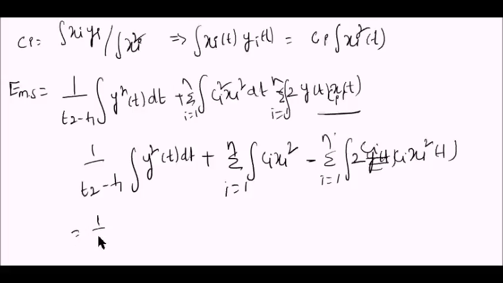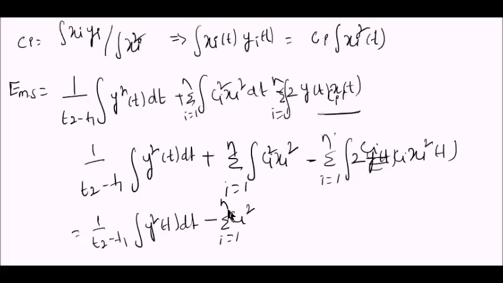This will equal 1 by t2 minus t1 integral y square of t dt minus ci square summation i equals 1 to n xi square of t dt.